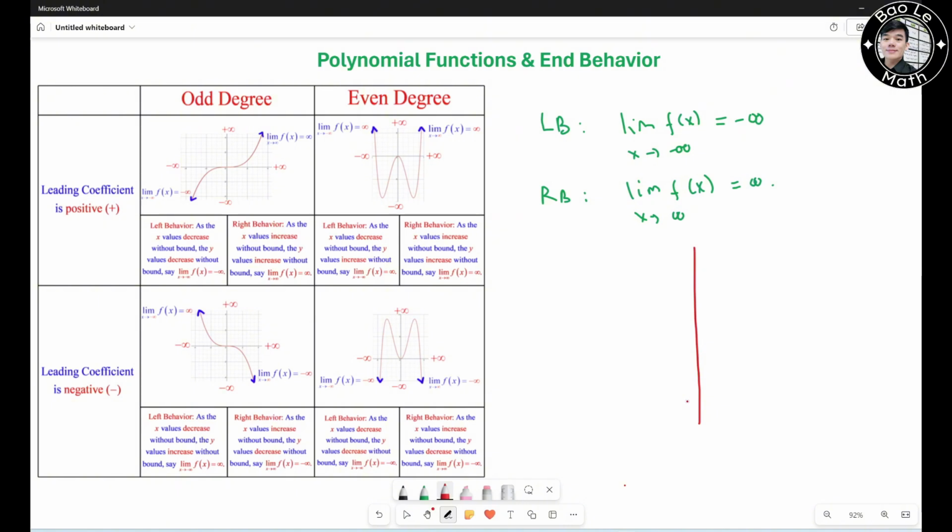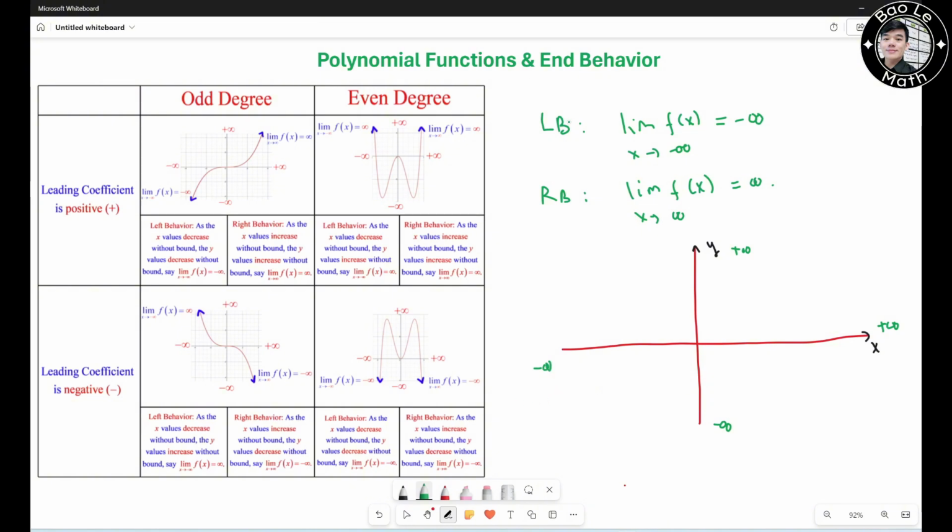Just get the x and y coordinate plane, right? So you need to label this is y, this is s, right? And the next step you need to write is this is positive infinity, this is positive infinity, this is negative infinity, and this is negative infinity.